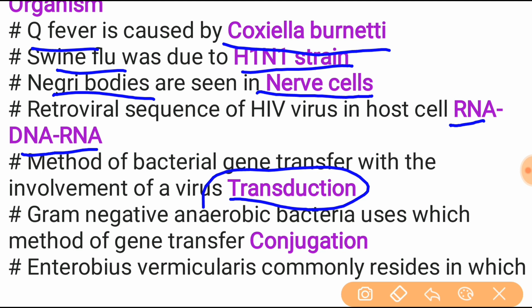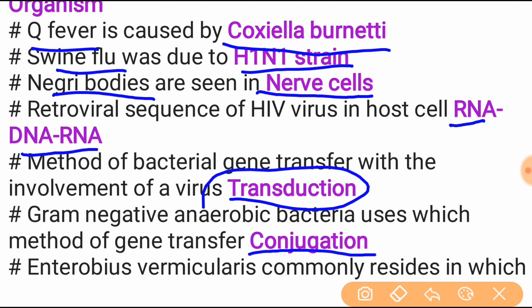Remember, transduction is a process by which bacterial gene transfer is involved. Gram-negative anaerobic bacteria use which method of gene transfer? It is conjugation. Bacteria to bacteria will be conjugation.